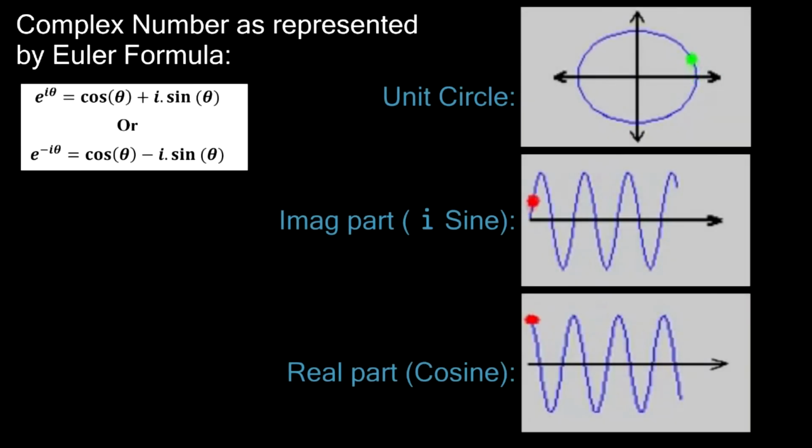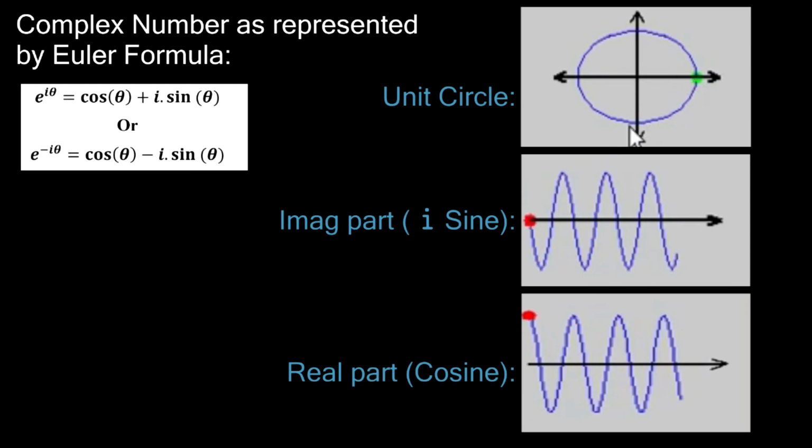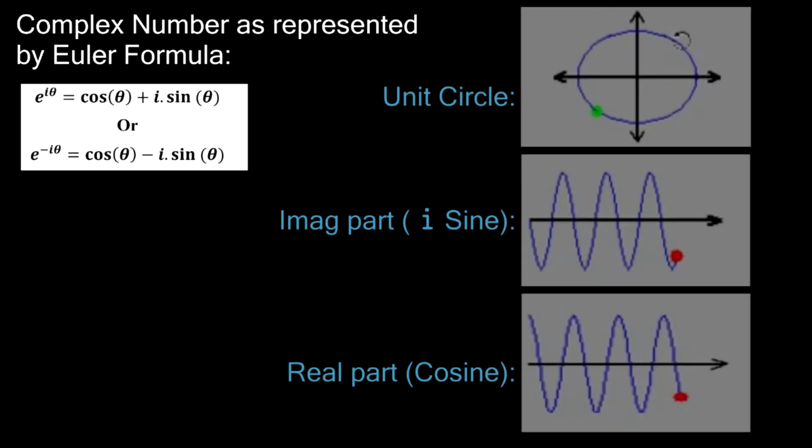Here we have a little animation in which we can see a unit circle and a point that is rotating on the unit circle in a clockwise and anti-clockwise fashion. If we just do a single rotation, you can see that we have a sine wave and a cosine wave.